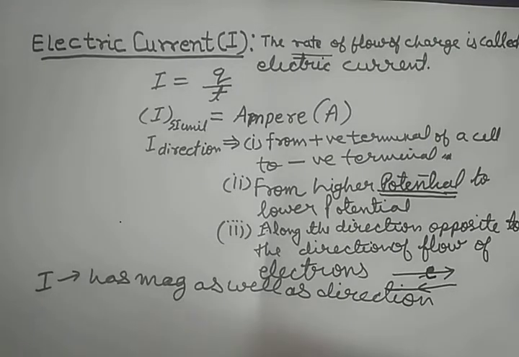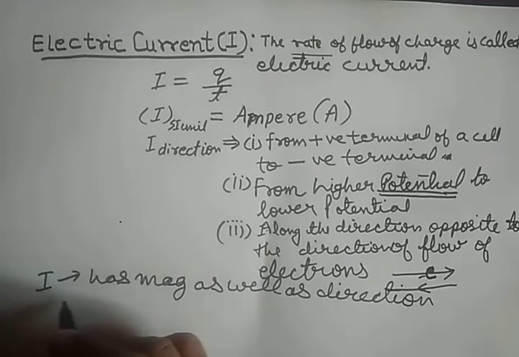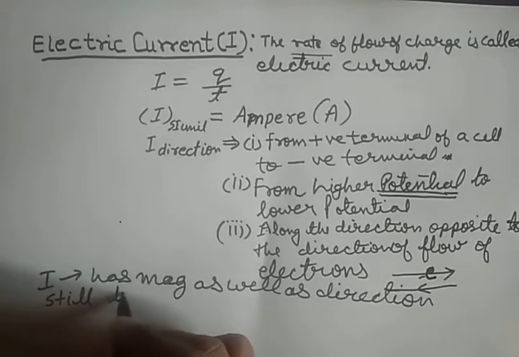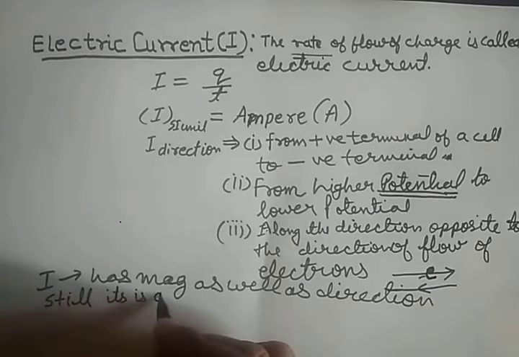The physical quantities which have magnitude and direction are considered as vectors, but current has magnitude as well as direction, still it is a scalar quantity.